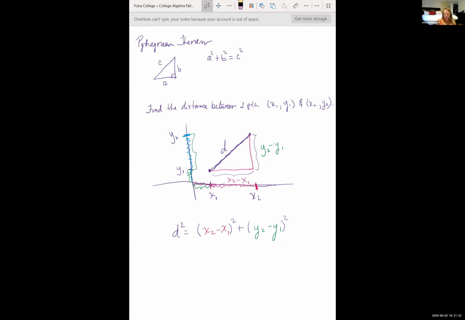So to me, these problems seem to be a lot like plug and chug. Given 2 points, be able to find the distance. I'm just going to make this a little bit bigger, and I'm going to see if I can find some problems that might be better.